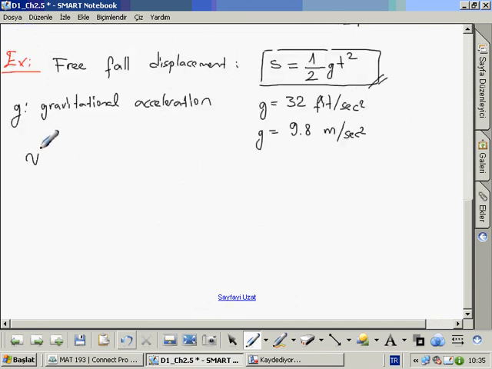And the velocity equals del S over del t, which equals g times t.